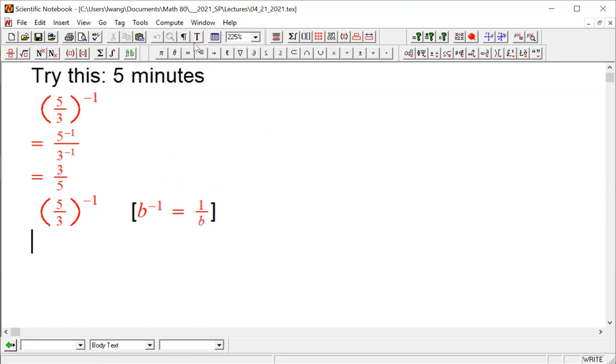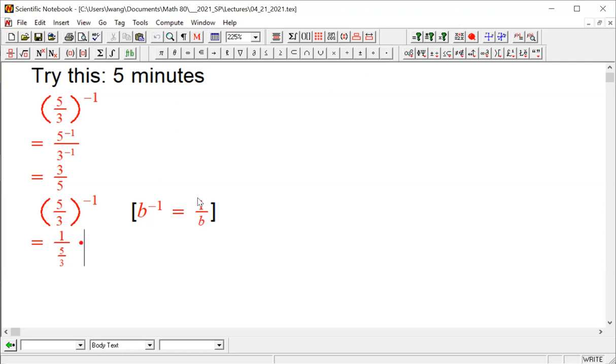So it can be done this way, but if you're not very good at handling complex fractions, you may not want to do this. So the b is 5/3. Now b is a fraction.